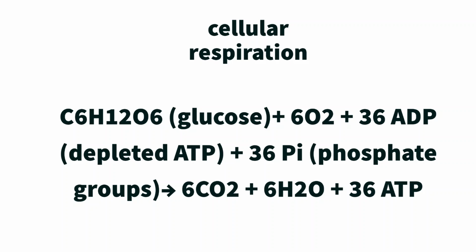The process of aerobic respiration produces a huge amount of ATP from each molecule of sugar. In fact, each molecule of sugar digested by a plant or animal cell yields 36 molecules of ATP. And this released ATP is further used for cellular functions.